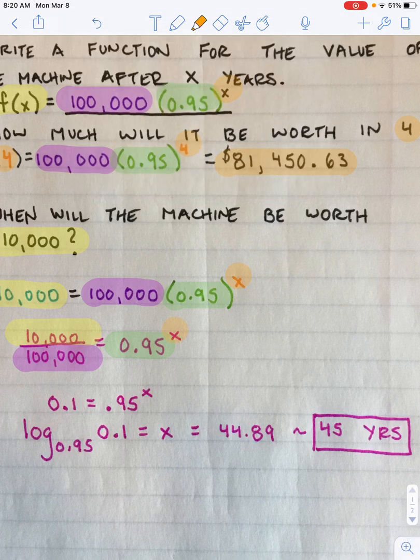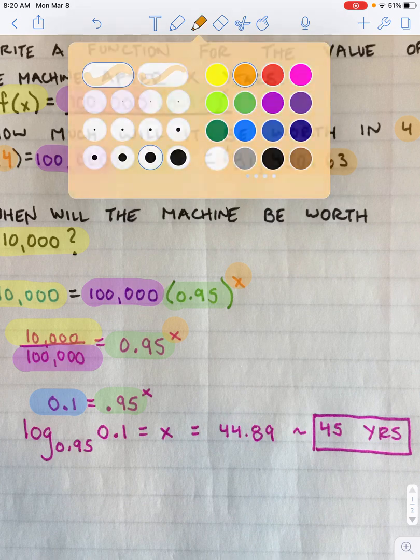So we can cancel out our zeros, right? So all those zeros cancel. So you're left with 1 over 10, and 1 over 10 simplifies down to 0.1. So you can go ahead and do that in Desmos if you want to. So now we have 0.1 is equal to 0.95 raised to the x.